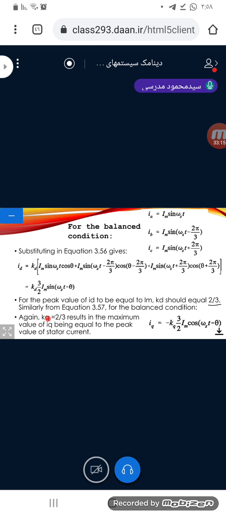Again, KQ equal to 2 divided by 3 results in the maximum value of IQ being equal to the peak value of stator currents.